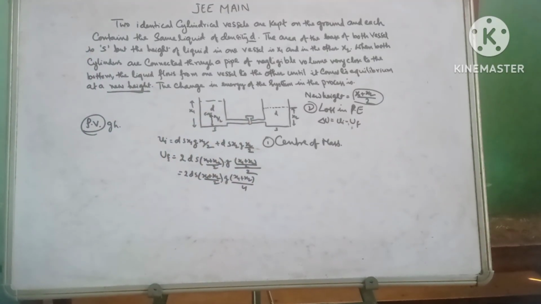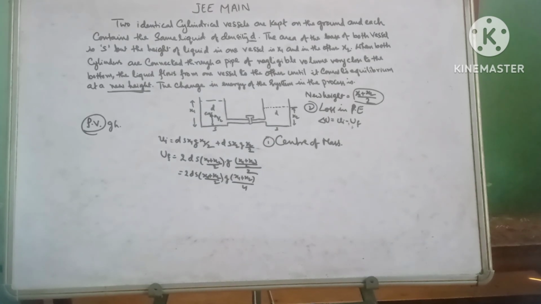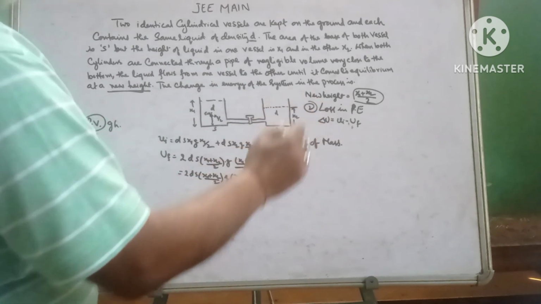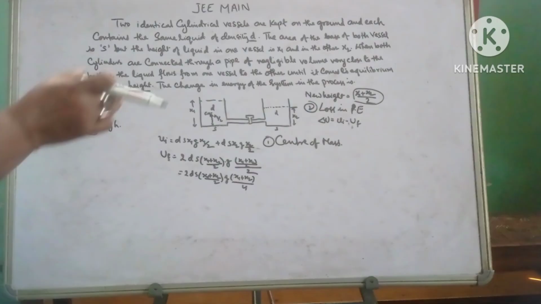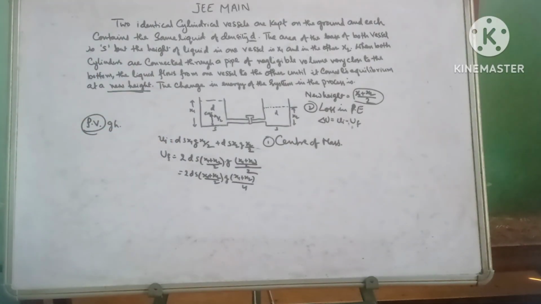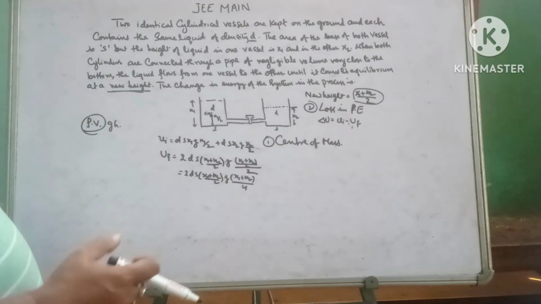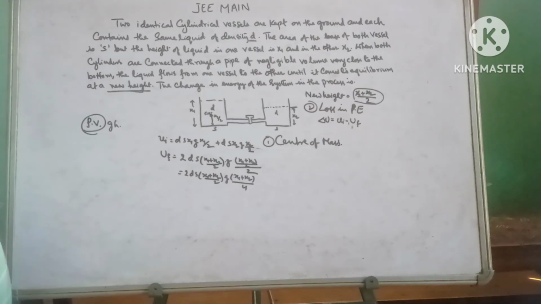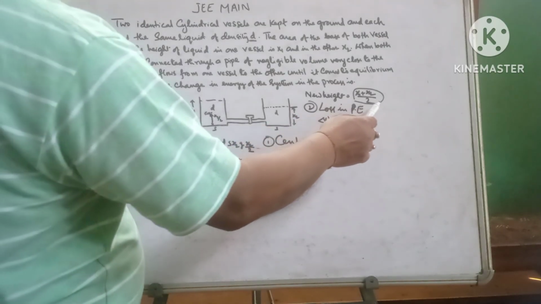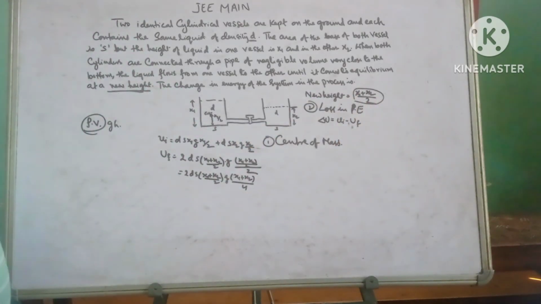change in energy. First of all, there is a loss in potential energy because there is a decrease in height. The next concept is that your new height will be the average of these two heights.